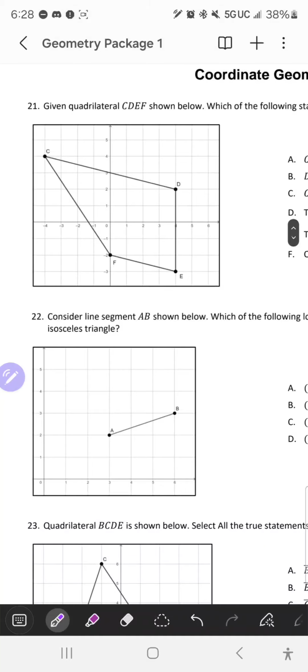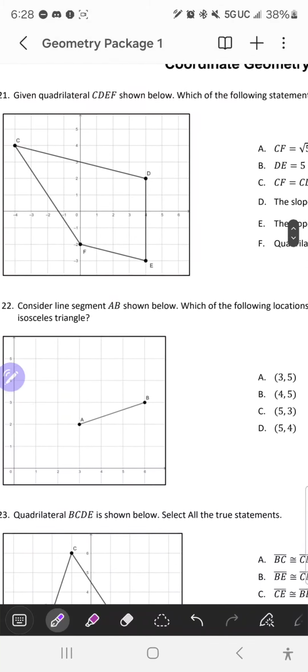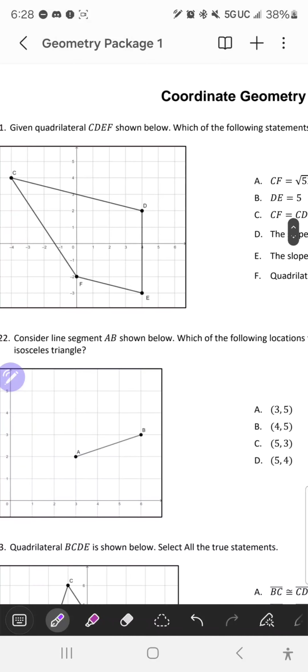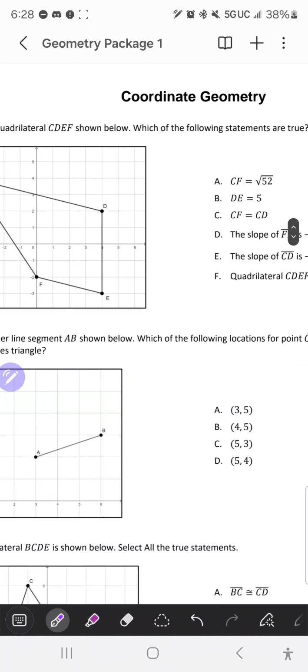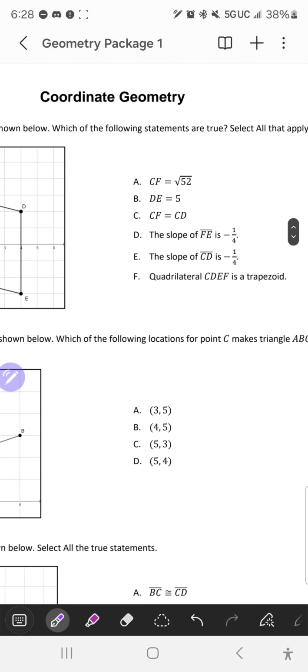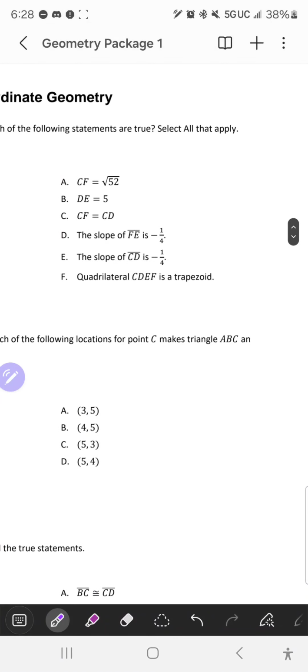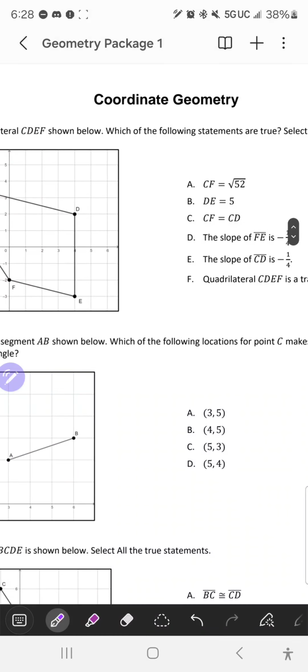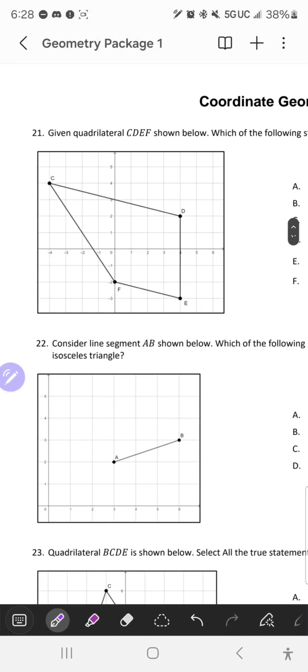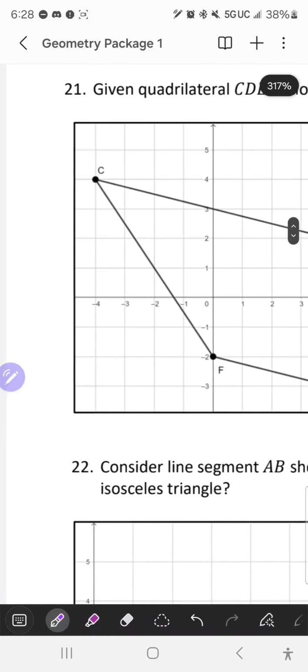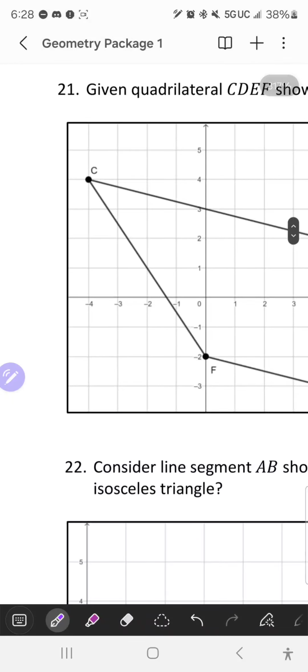Now, let's see question 21. Given quadrilateral CDEF shown below, which of the following statements are true? Select all that apply. So we have that CF is equal to the square root of 52. So let's calculate that. We have already been using the distance formula, and as you can see, it has been very important.